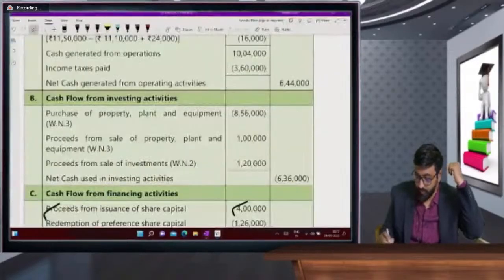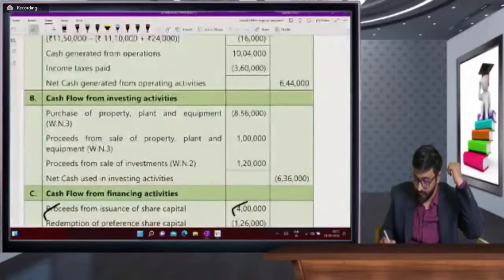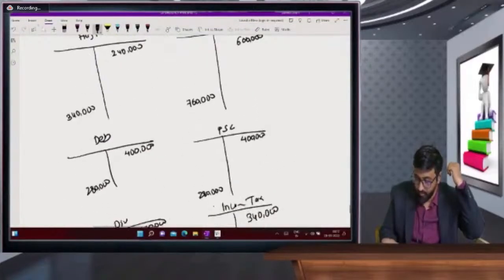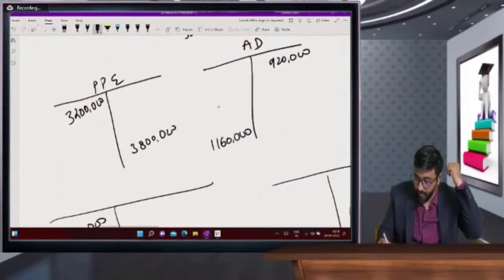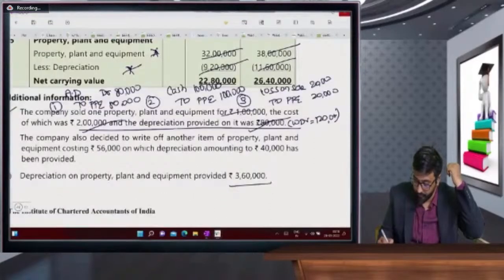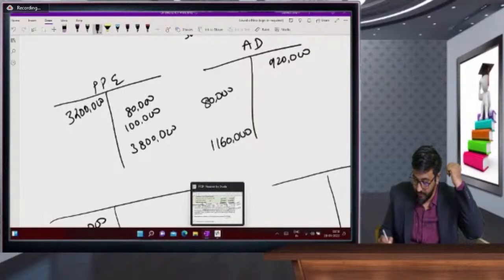Chalo, come to the debit of AD. We prepared AD account on the page. AD to PPE 80,000. Cash to PPE 1 lakh. Second effect, investing activity.